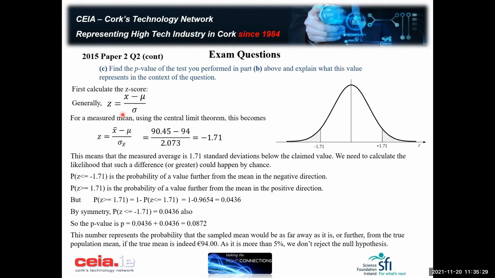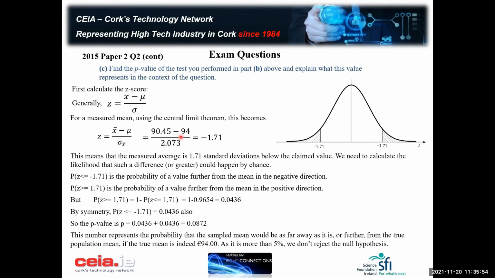But this is a measured mean, a sample mean you're dealing with. So the formula is the same, but now the standard deviation that you're working with is the standard deviation of the sample mean, which we had worked out before using the sigma over root n formula as this number 2.073.